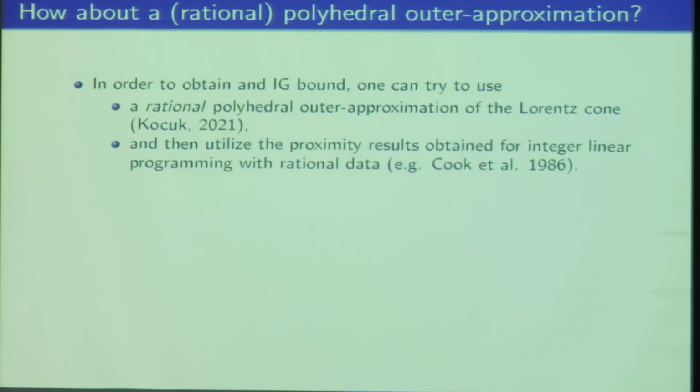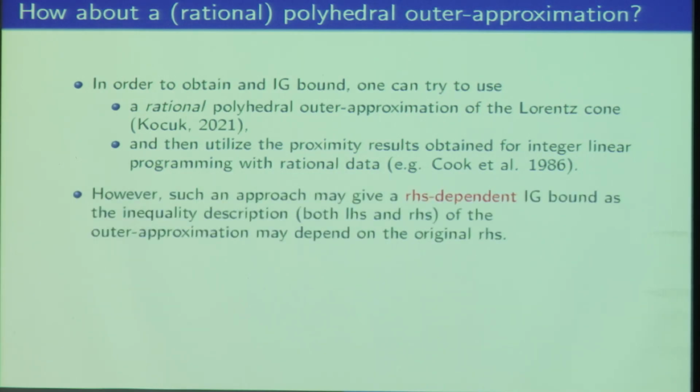I have a recent paper where I showed that a rational polyhedral outer approximation of the Lorentz cone can be achieved with exactly the same complexity as Ben-Tal and Nemirovski's approximation. But the issue is that in this outer approximation, as well as in Ben-Tal and Nemirovski's approach, the constraint matrix of the linear inequalities, as well as the right-hand side, depends on the original right-hand side, right? So that's why you cannot cheat and do this trick, unfortunately.